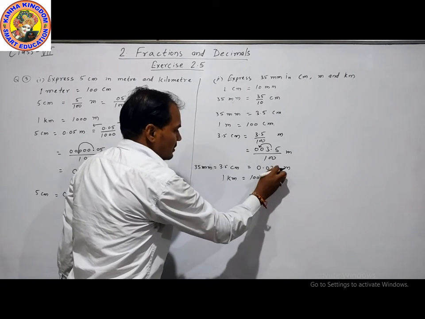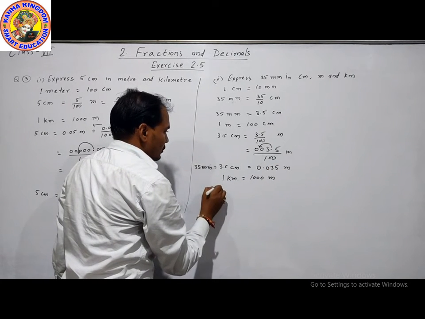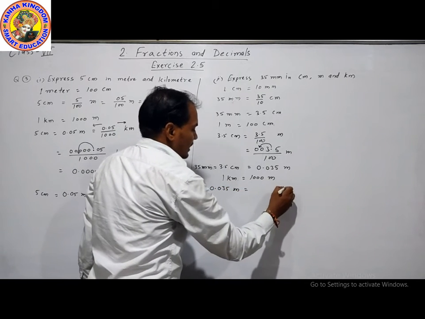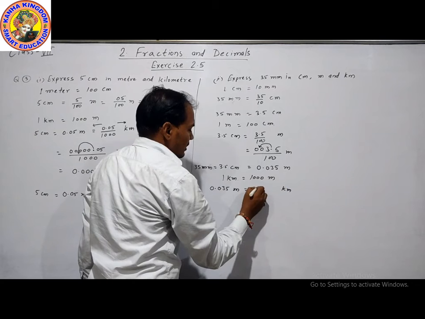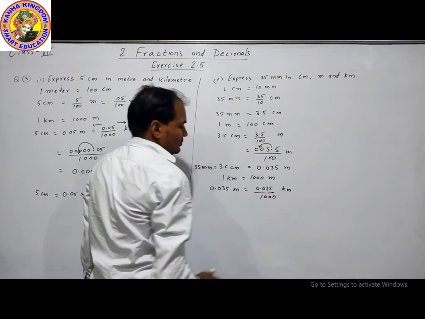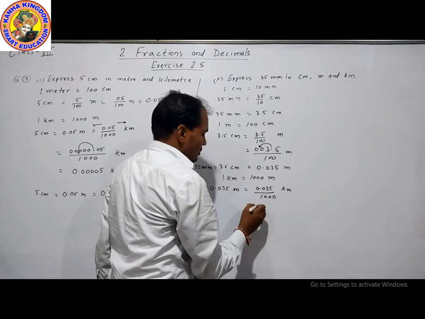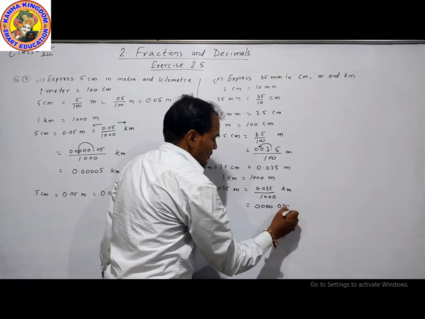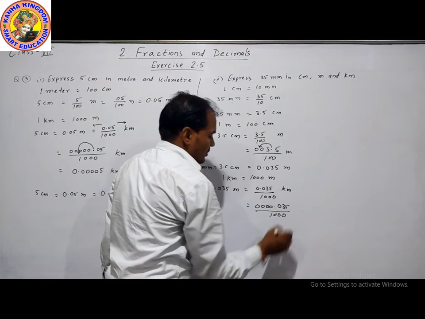So 0.035 meter will be converted into kilometer by dividing by 1000.